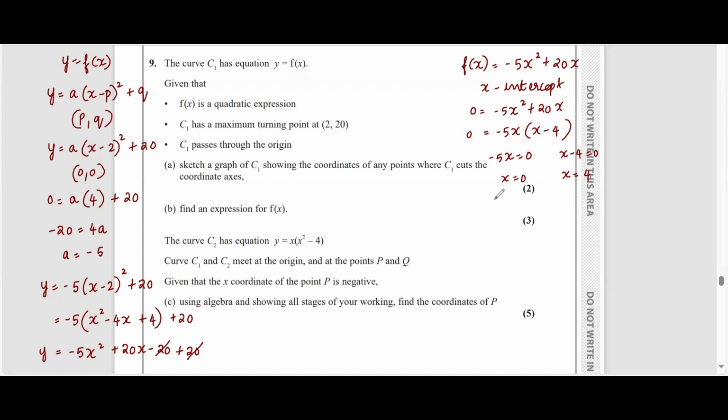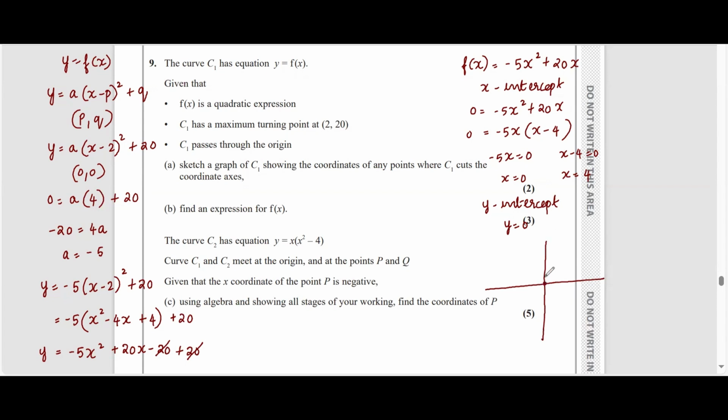And we need to find what the y-intercept is. For the y-intercept, we substitute x as 0. So when you substitute x as 0, your y is 0. So the y-intercept is 0. Finally, we need to know the shape. The coefficient of x square is negative. That means it will be an upside down parabola, an N-shaped parabola basically.